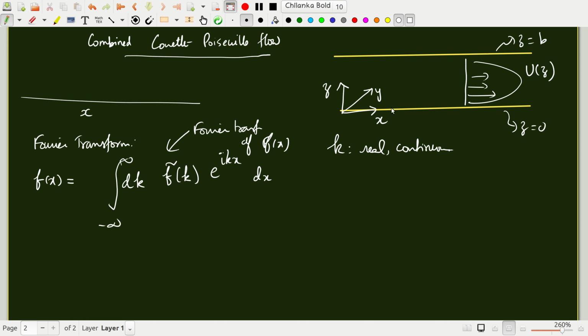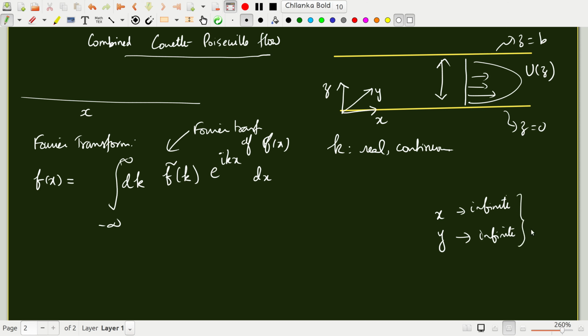Here we have to look at three coordinate directions, x, y and z. X is infinite, because we are assuming the channel to be an infinite channel. We'll also assume y to be infinite, because we are assuming two-dimensional flow. That means the distance between the two plates is so small compared to the width of the channel that we are effectively assuming y also to be infinite.